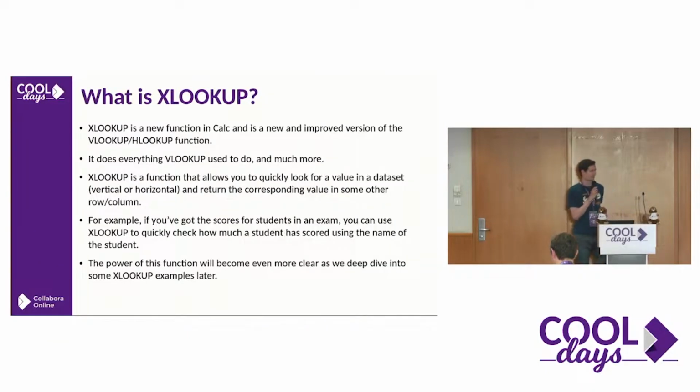So the XLookup function is basically a modern replacement for the VLOOKUP, HLOOKUP, and LOOKUP functions. It is a flexible function that can be used in a wide variety of situations.